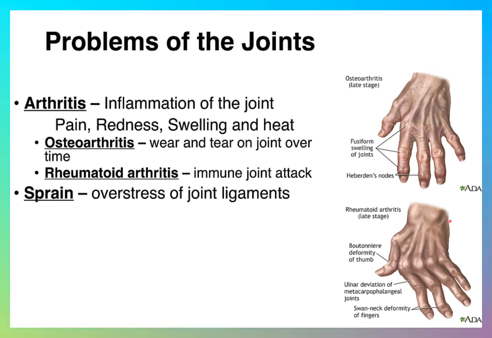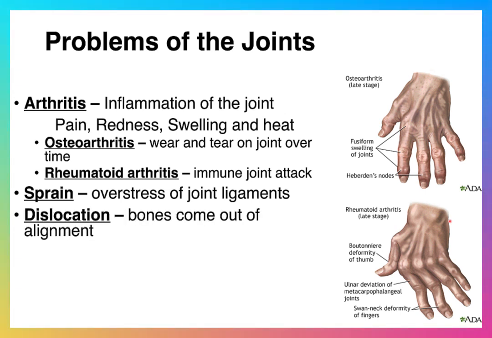So, for example, if you bend your ankle or your foot in toward the middle in such a way that it puts stress on the ligaments on the outside part of your ankle, then you sprained your ankle. And obviously, the more stressed it is, the worse it is. And it can get to the point where those ligaments actually tear, in which case they frequently have to be surgically repaired.